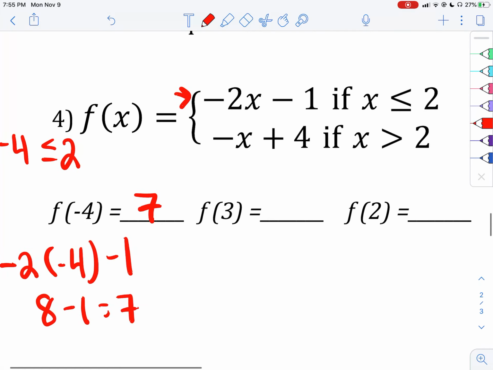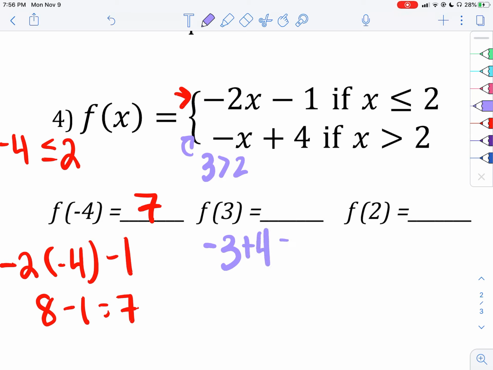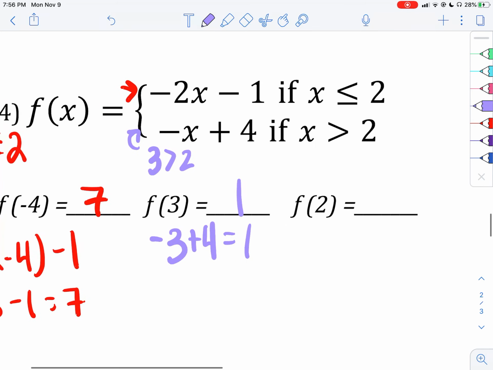Okay, if we look at f of 3, well, we know 3 is greater than 2, so now we're going to use this bottom one. So negative 3, since x is 3, plus 4 equals 1. Okay, now we want to find f of 2.